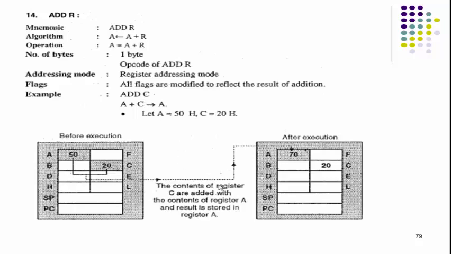Then the contents of the accumulator get overwritten with the addition result, that is 50 plus 20 gives 70 in the accumulator, and the C register content is maintained as it is. According to the addition operation, flag bits get modified. In the next slides we will discuss how the flag bits get modified.